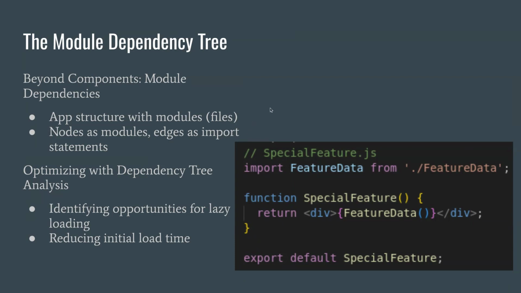And the edges in this tree represent import statements, showing how modules depend on each other. This tree is crucial for understanding how your app is bundled and how to optimize load time. For example, analyzing the module dependency tree can reveal opportunities to lazy load certain parts of your app, reducing the initial load time. We'll definitely talk more about lazy loading.